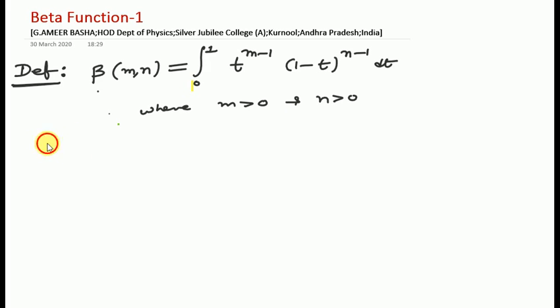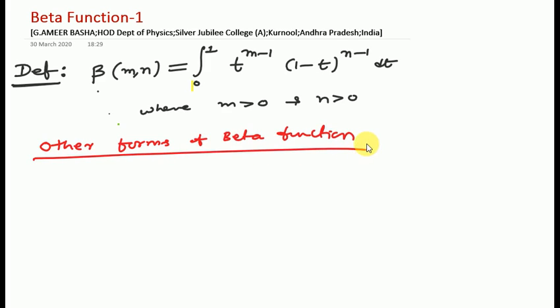Other forms of beta function. Other forms are, you can say, these are the properties, whatever it may be. So what is the first thing I will observe here?